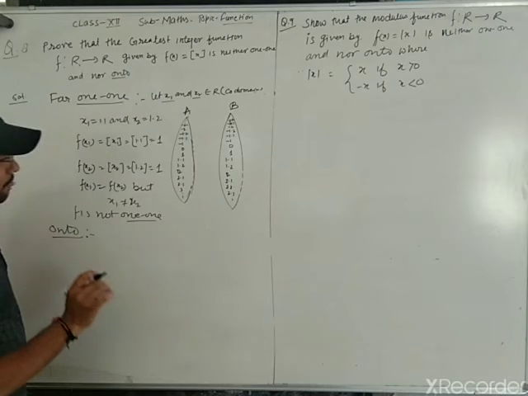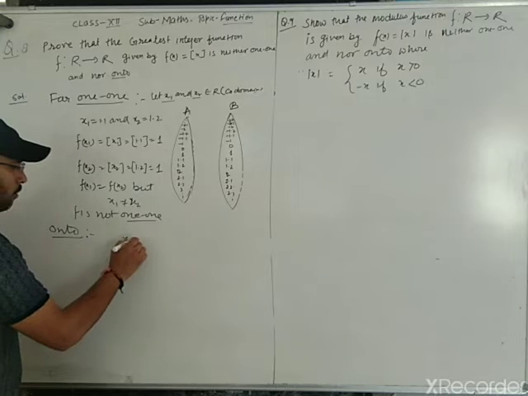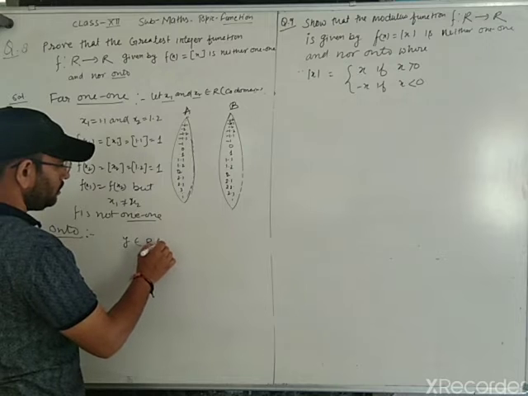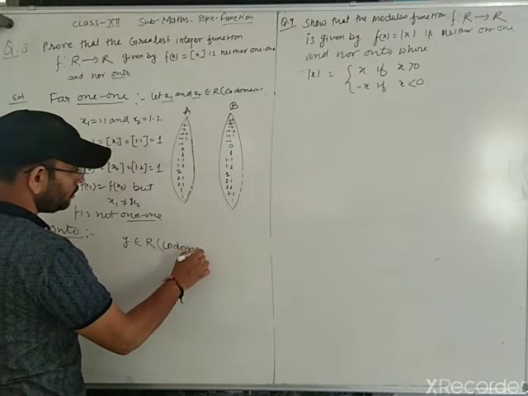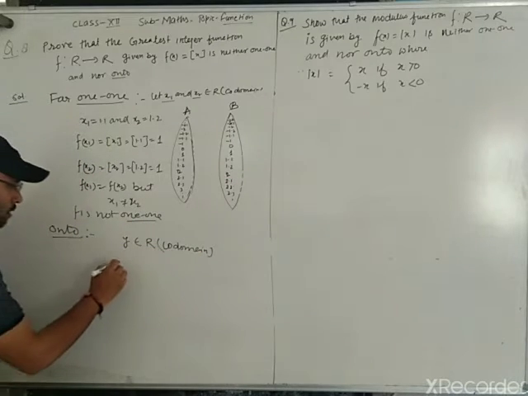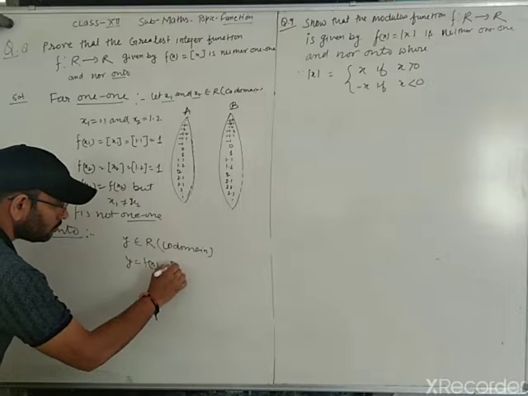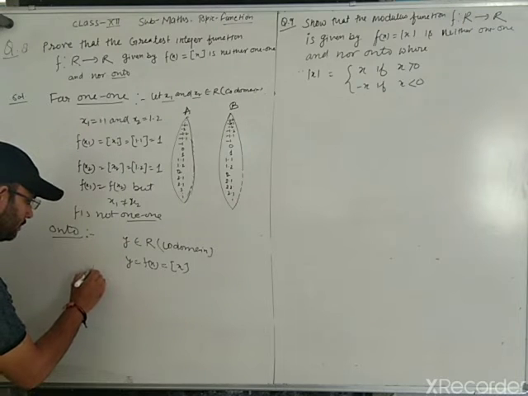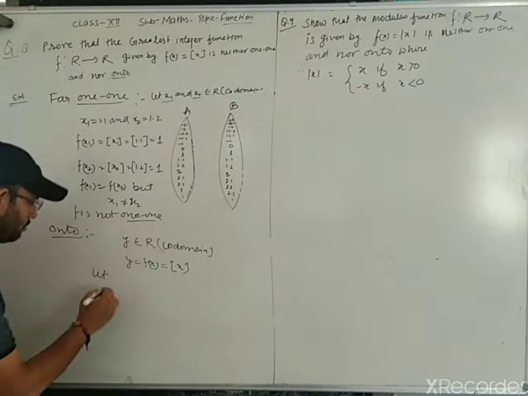For onto, we have to select an element y. y belongs to R. R is the set of real numbers and the element is selected from the codomain. Codomain means set B. Clear? We know that y = f(x) = [x], and let me select y from any decimal number.